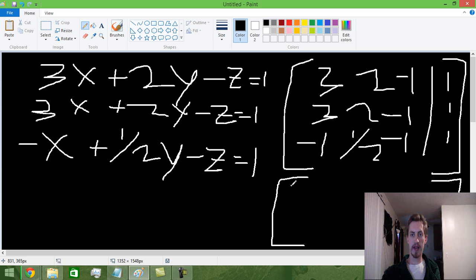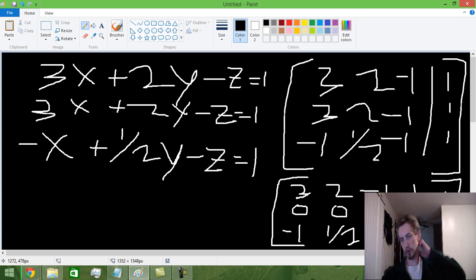So we can see that we're going to get 3, 2, minus 1, 1. This is going to be a 0 now. 0, 0, 0, minus 1, 1/2, minus 1, and then you're going to have a 1 here. So that means that we only have this equation and this equation to work with.